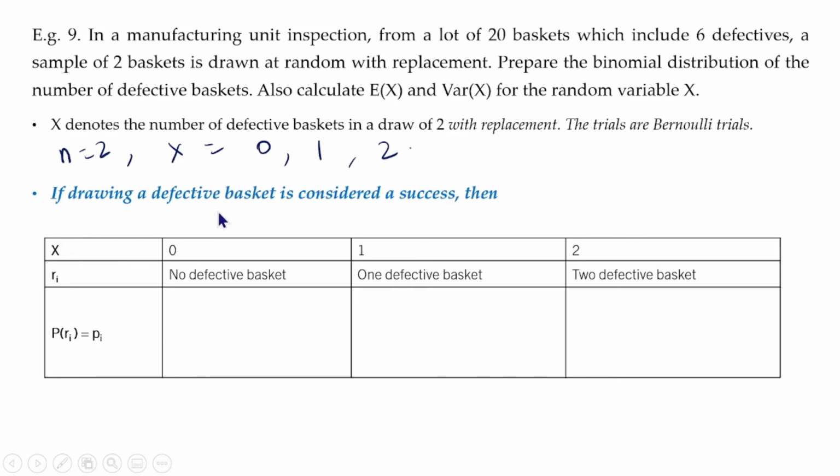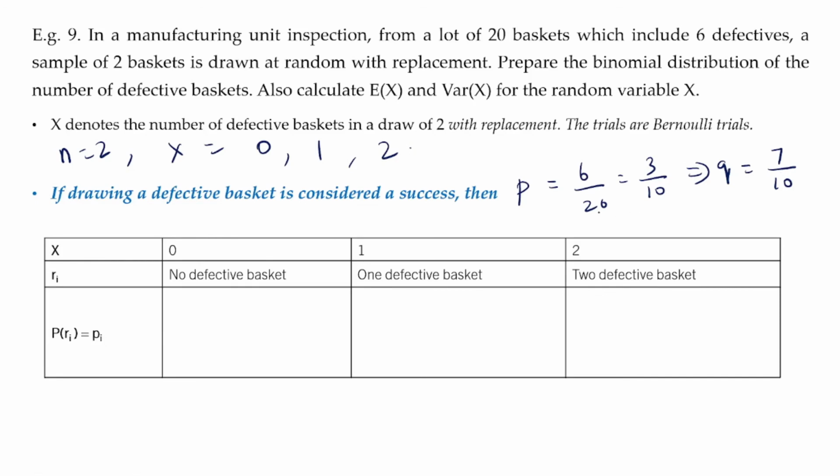If drawing a defective basket is considered a success, then p, the probability of success, is 6 by 20, because the number of defective baskets is 6 and the total number of baskets is 20. So the probability of drawing a defective basket will be 6 by 20 or 3 by 10. From this we can find q. q is 1 minus p, which is 7 by 10.